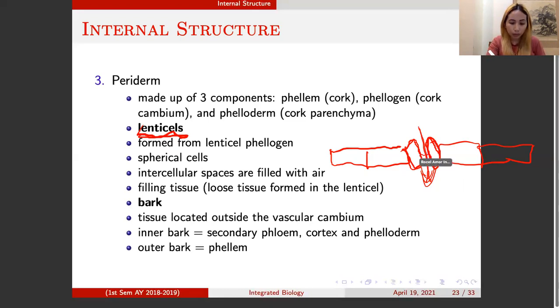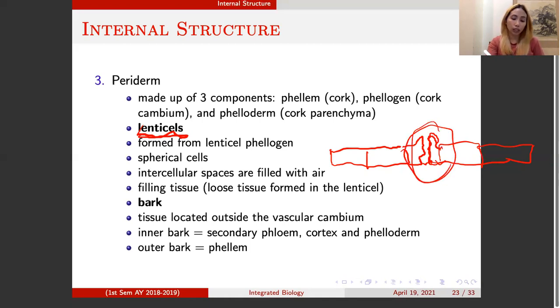Okay, actually, mayroon pang mga cells. Hindi siya buong-buo na sira. Basically, looks like this. Yeah. Pag nakita niyo siya under the microscope, it kind of looks like that. So these are lenticels. Okay?